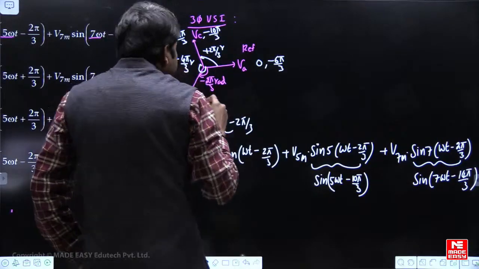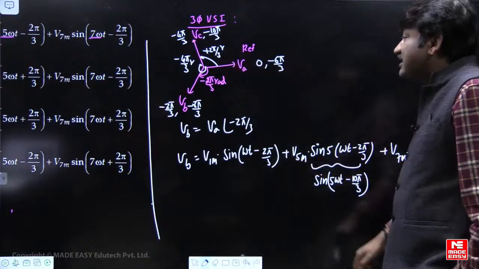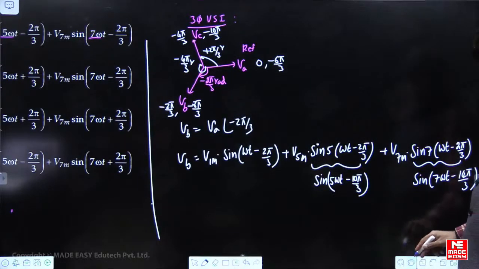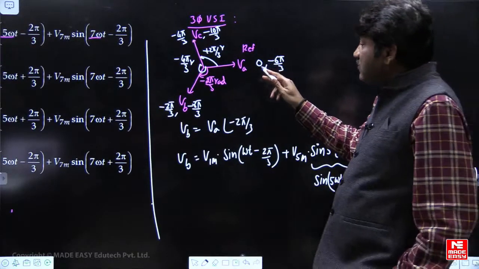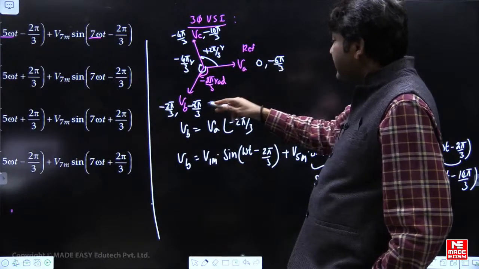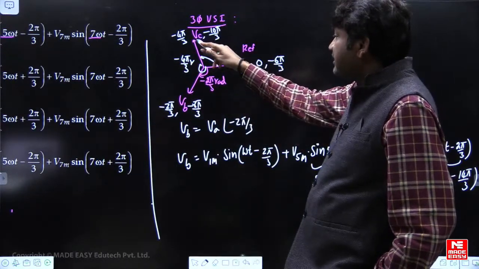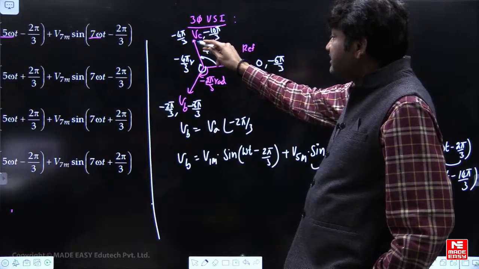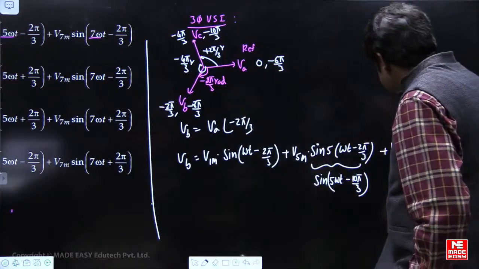So minus 10 pi by 3 is equivalent to 2 pi by 3. So dear students, 0, minus 2 pi by 3, minus 4 pi by 3, minus 6 pi by 3, minus 8 pi by 3, minus 10 pi by 3. Minus 10 pi by 3 is the same as plus 2 pi by 3.